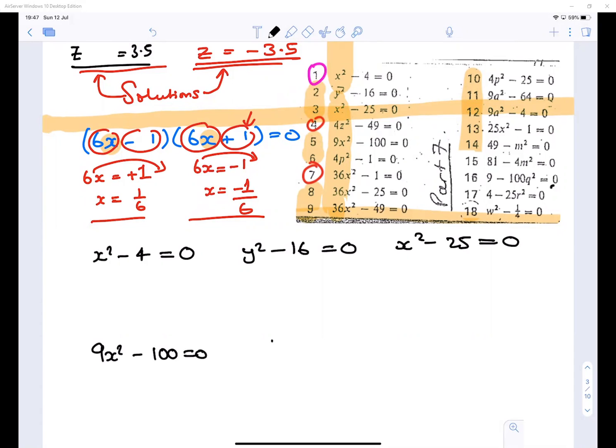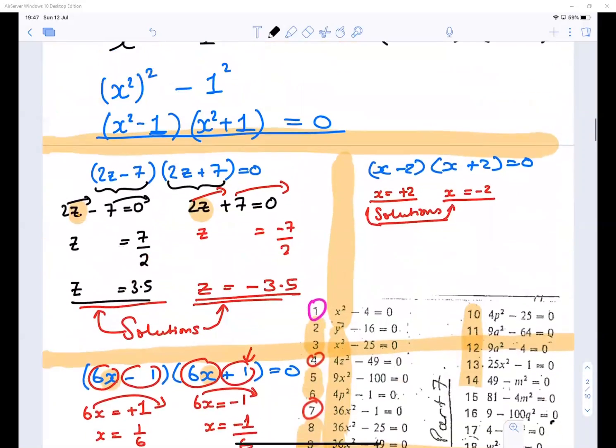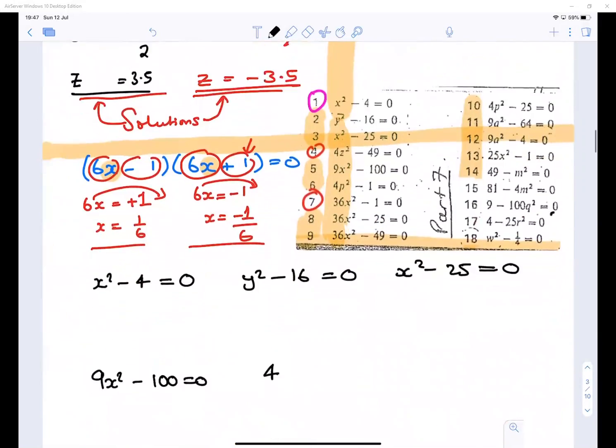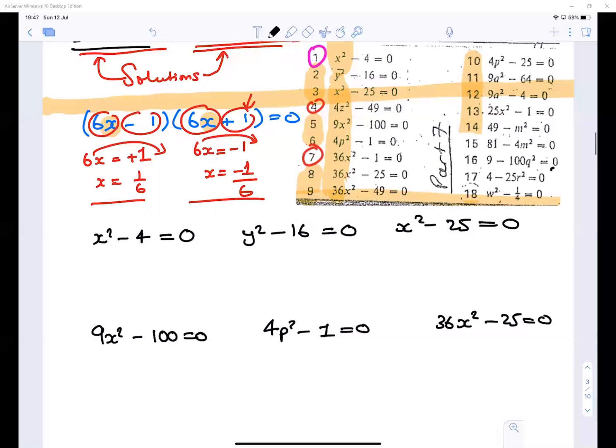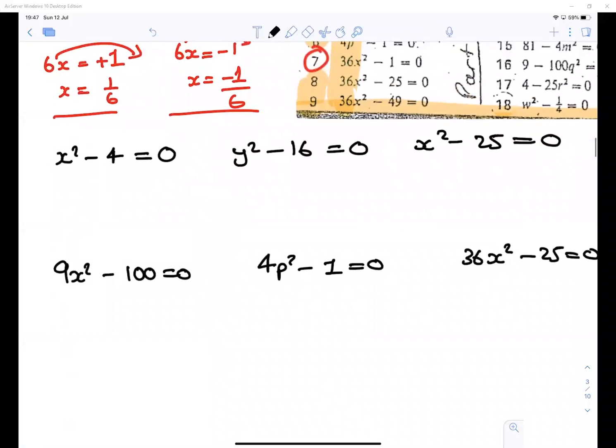And we're going to have 4p squared minus 1 equals 0. And we're going to have 36x squared minus, I think that'll probably be enough for us for recap for now. So let's zoom in.